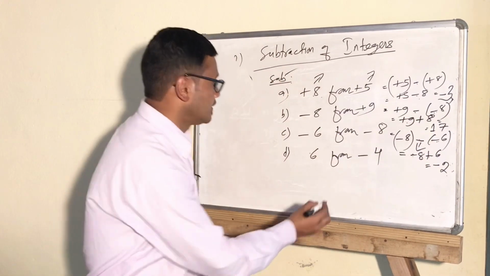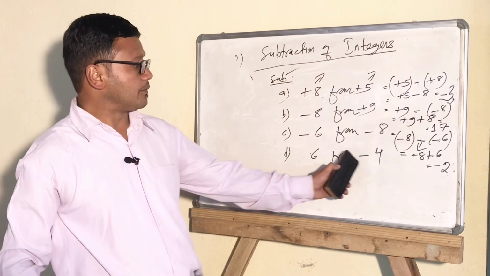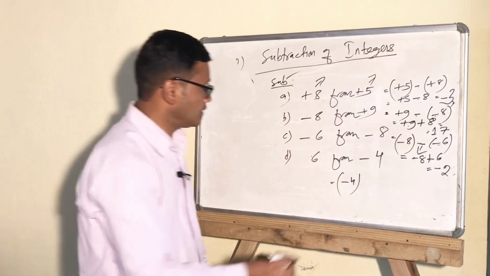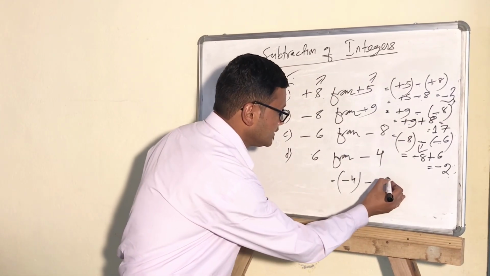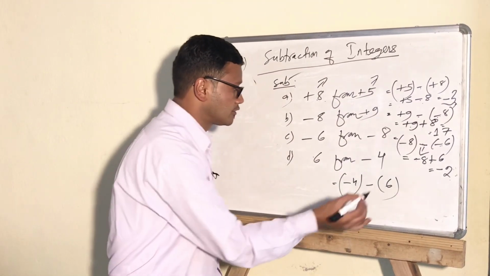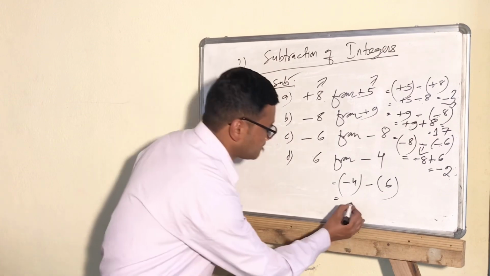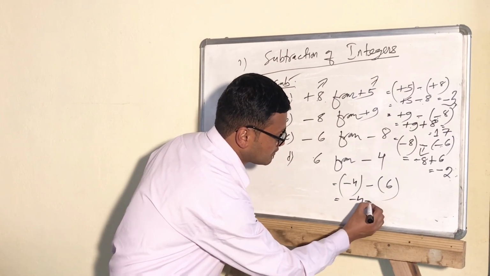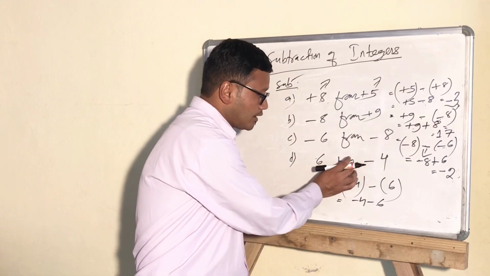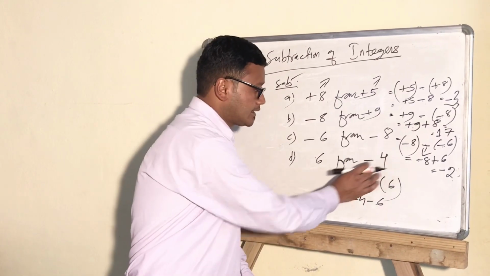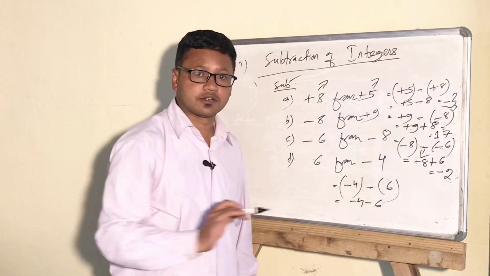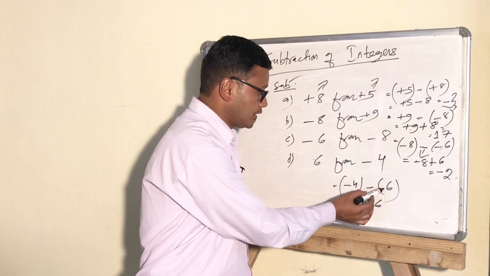Now the last question, 6 from minus 4. Write minus 4, you can put the bracket, no problem, then minus, then 6. You can put the bracket also, or you can write plus here, then minus into plus, minus.